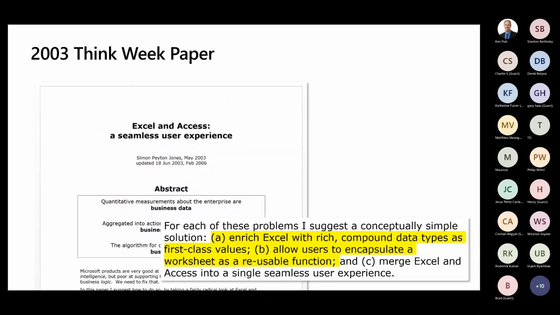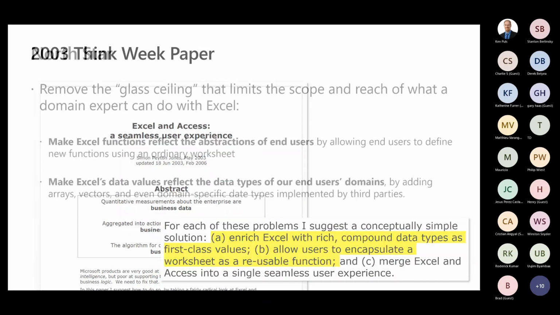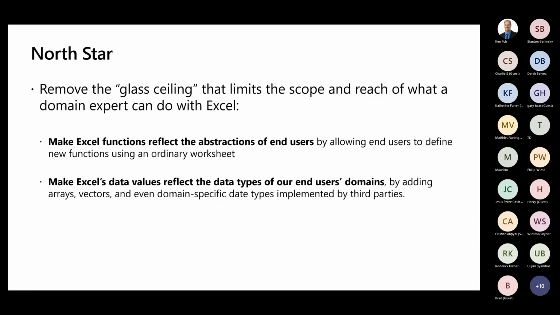And part of this paper was this notion that there seemed to be a glass ceiling that sort of limits the scope of what can be modeled with a spreadsheet, and also sort of the reach of what a domain expert can do with Excel.